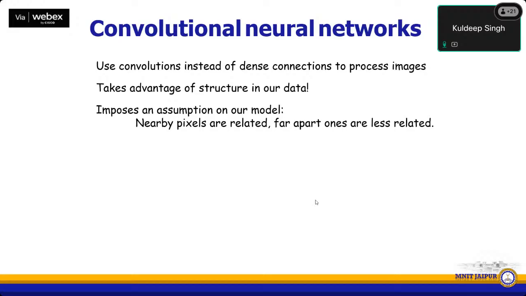But then we showed the limitations of feed forward neural network for the task of image classification, where we have dense connections. So we came up with the idea that we can have sparse connections, and the concept of weight sharing. And with the help of convolutional neural network, we will see how we can take advantage of these concepts of weight sharing and sparse connections, and solve the image classification problem.